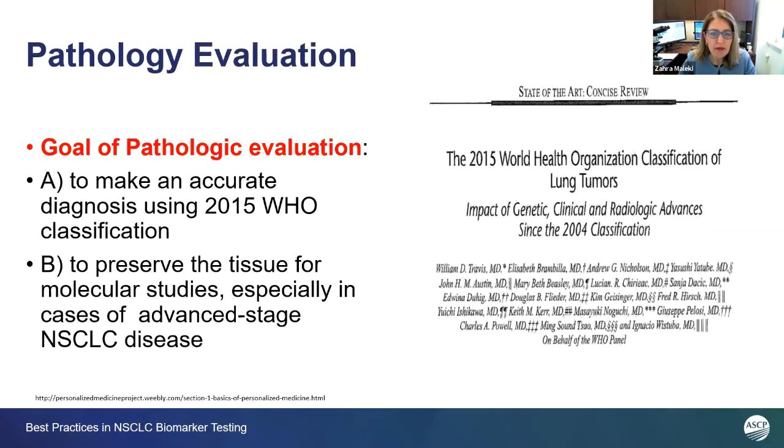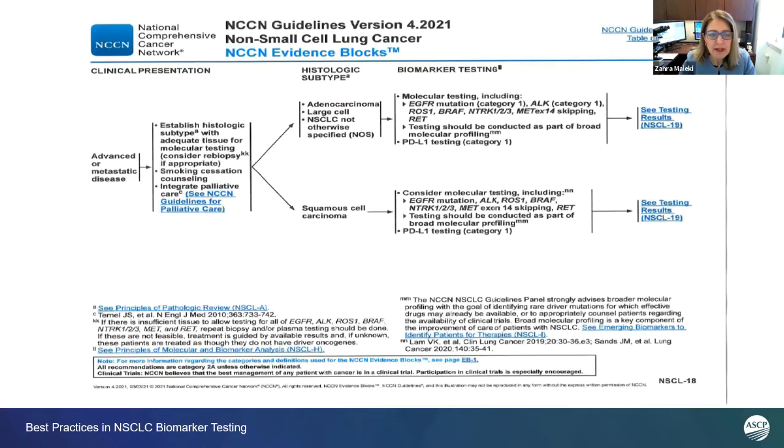So the aim of pathology evaluation is to render an accurate diagnosis using the 2015 WHO classification, and to ensure that there is sufficient material for molecular studies, especially in patients with advanced stage lung adenocarcinoma. NCCN constantly updates their website in terms of management of patients with lung carcinoma.